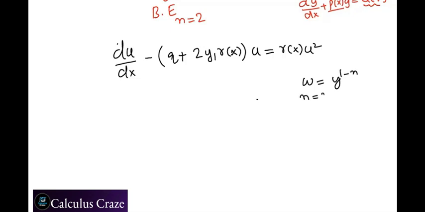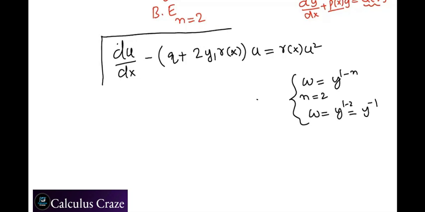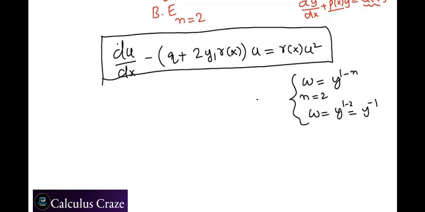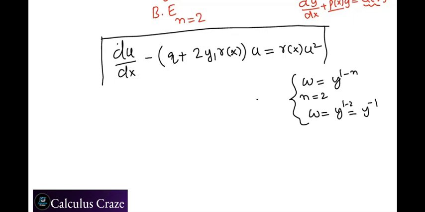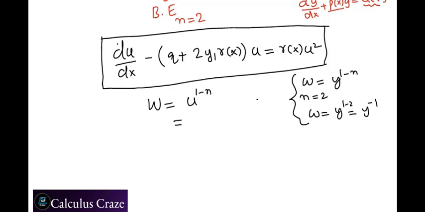In our case n is 2, so w should be u to the power 1 minus 2, which is u to the power minus 1. Now my task is to convert this Bernoulli equation from u to w, and you will see that this is going to be a linear differential equation.